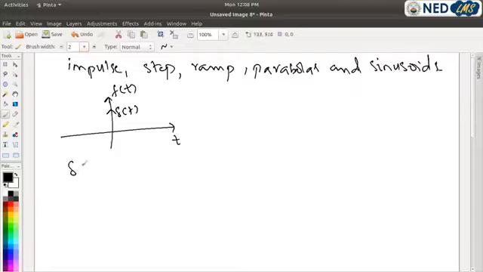Mathematically, I can write the impulse input as delta of t equals infinity for a very short period of time, for 0 minus less than t less than 0 plus. Of course, making this spike physically is impossible, but we can make this impulse input as close as possible physically, and 0 otherwise.